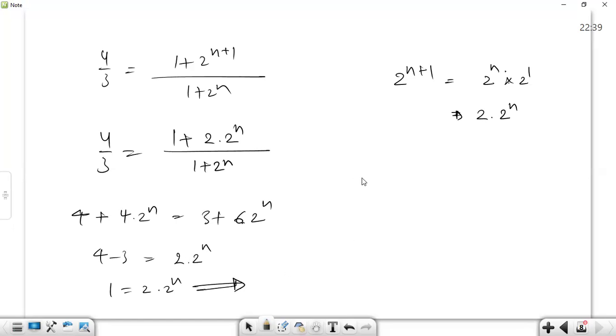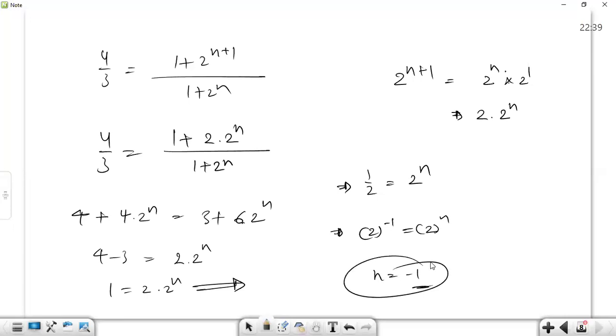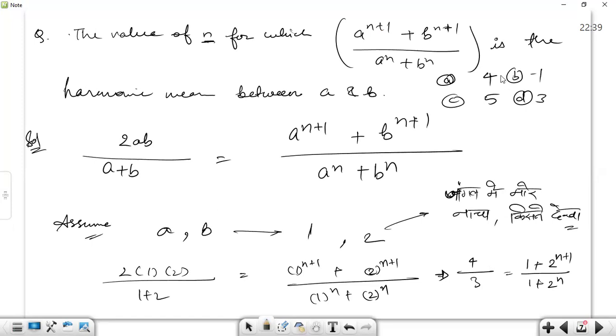Solving it further, that makes it 1 by 2 is equal to 2 raised to power n. Now 1 by 2 can be written as 2 raised to power minus 1, equal to 2 raised to power n. Now the base is the same and the base is not 1. So n can be written as minus 1. So let's go back to the options, and yes, option B is the correct answer.